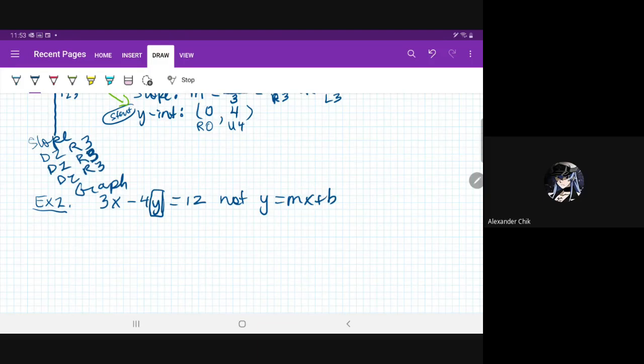So math notes 21 is the most important of all the math notes. Okay, so what should we do to get y by itself? What should we do to have y by itself? What should we do, you guys?